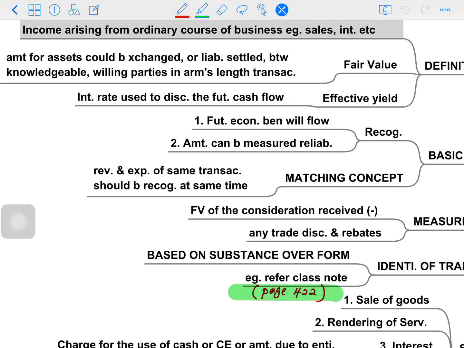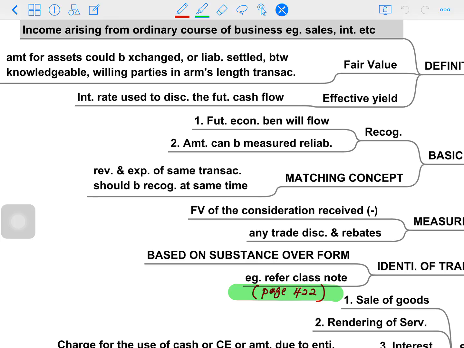Fair value here means the amount of money received for an asset that could be exchanged, or a liability to be settled, between knowledgeable, willing parties in an arm's length transaction.